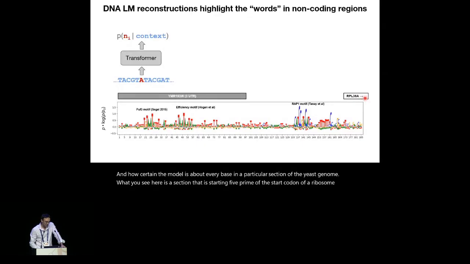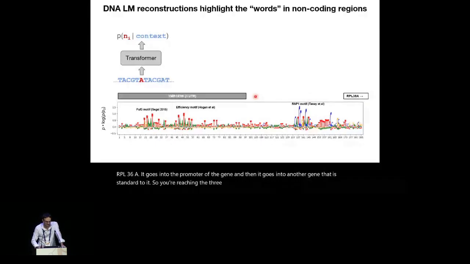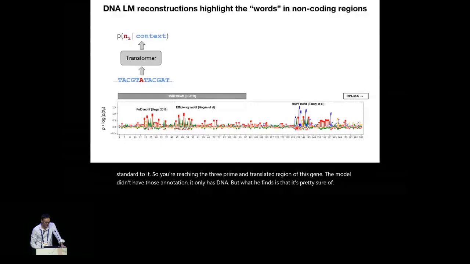It goes into the promoter of the gene, and then it goes into another gene that is tandem to it. So you're reaching the 3' untranslated region of this gene. The model didn't have those annotations. It only has DNA. But what it finds is that it's pretty sure of itself about the identity of certain bases that happen to be transcription factor binding sites here for this promoter.